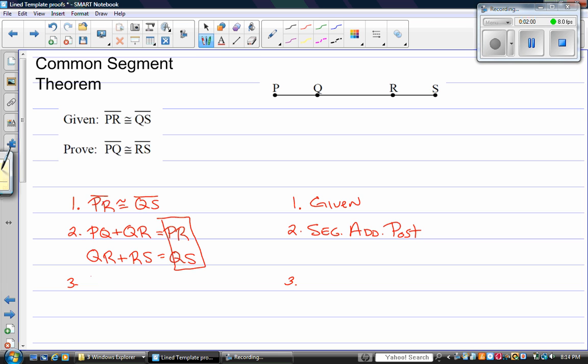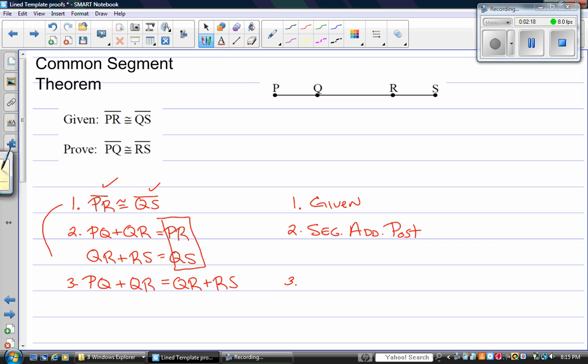So let's take PQ plus QR, which is one way of saying PR, is equal to QR plus RS, which is another way of saying QS.